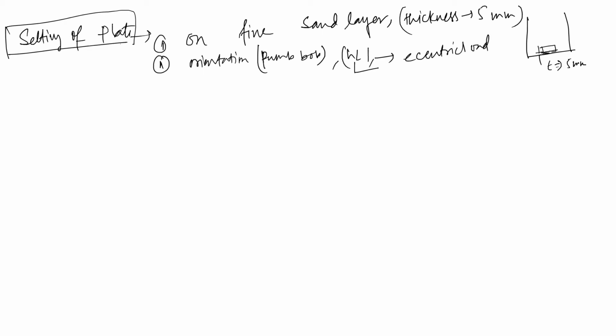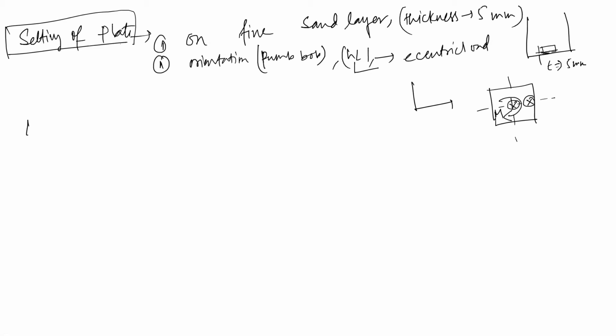And what is the effect of eccentric loading? Suppose this is your plate and this is its middle. If load is applied at this place, there is no issue. But if load is applied at this place, then load is applied as well as one moment is applied. So in that case, our vision is completely hampered or damaged.